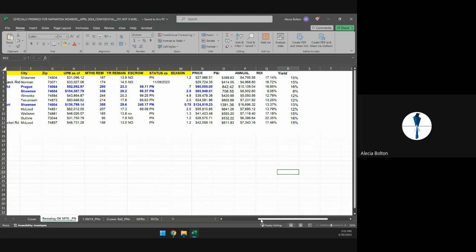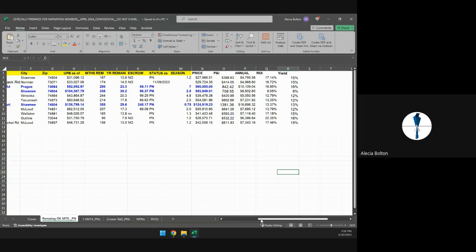So I always look at the P&I, and I have a rule of thumb that I don't go below 300. I would honestly like to be closer to 600 to 800, but sometimes those are harder to find on the tapes.